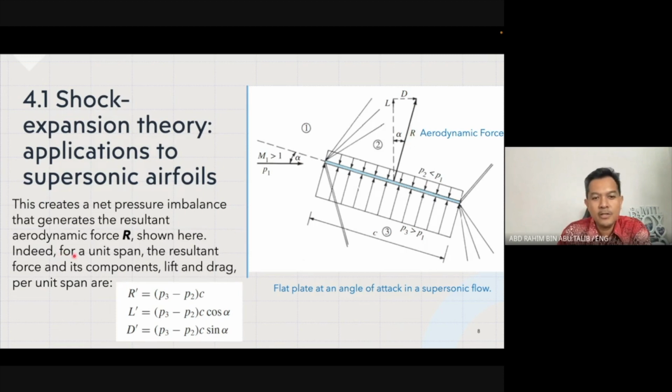And indeed, for a unit span, the resultant force and its components, which are the lift and the drag, can be written as follows. So the aerodynamic force R, the lift, as well as the drag can be written by the following expressions.